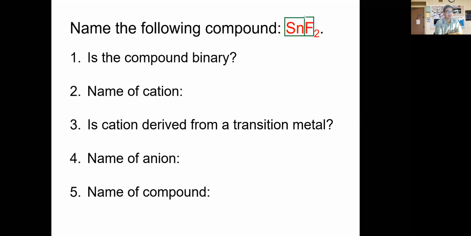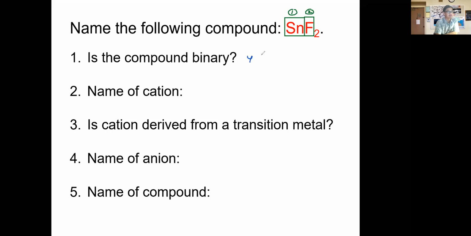Again, we are counting elements, not atoms, because if you counted atoms here, you'd notice you have 3 total atoms. But to answer whether it's binary, you're counting how many elements there are. One element is tin, the second is fluorine. So is this a binary compound?